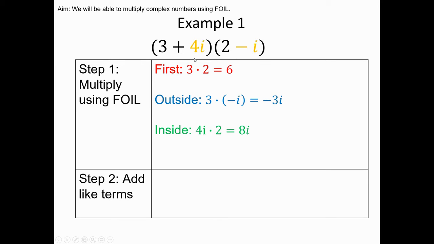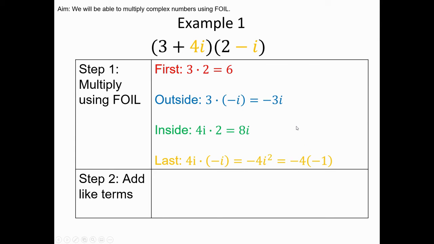L for last, 4i and -i. When I multiply them together, 4 times a negative is -4, and then we have two i's, so it'd be -4i squared. Look at that. Do you remember what i squared is actually going to become? If you remember from the past, it becomes -1.